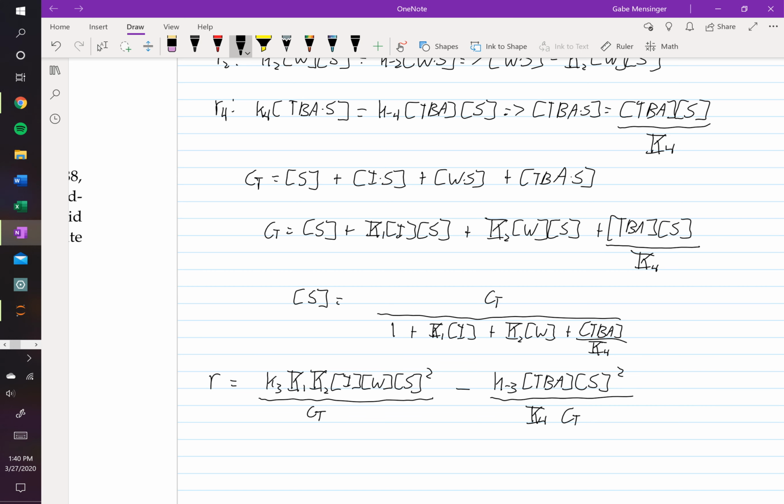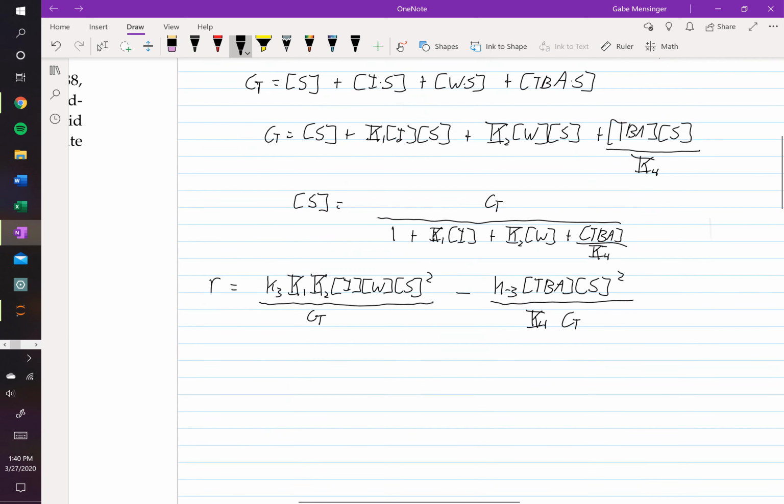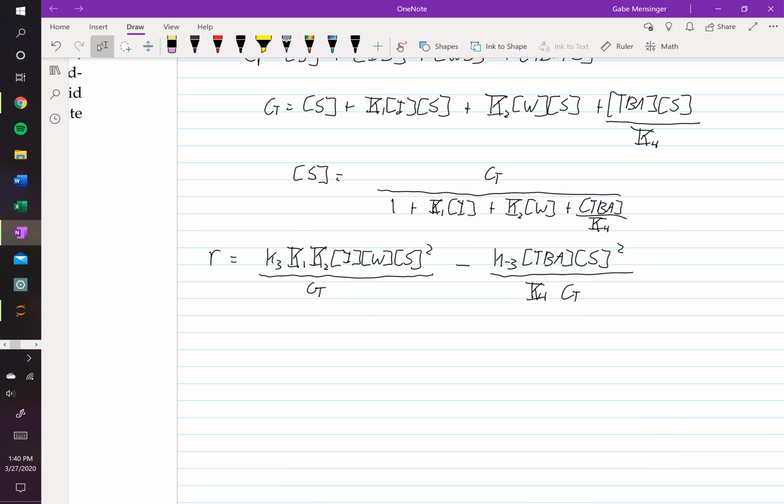Okay, and all I did right there was just plug in these three expressions. So now all that's left is plugging in our expression for S. And that is going to end up looking something like, I'm going to cheat.